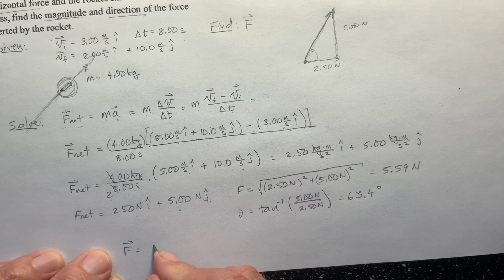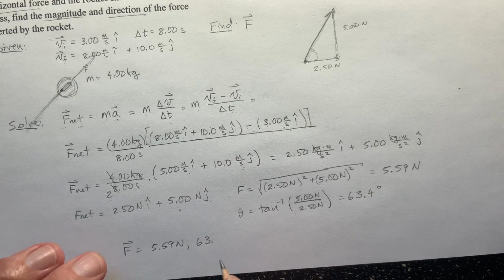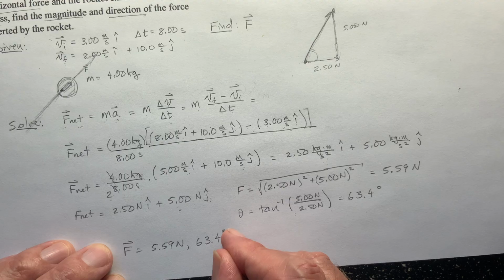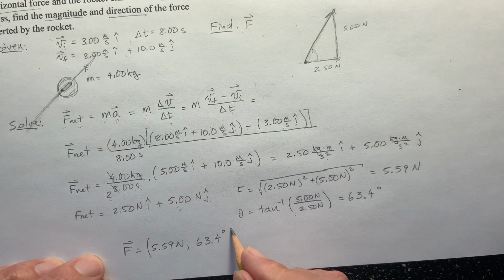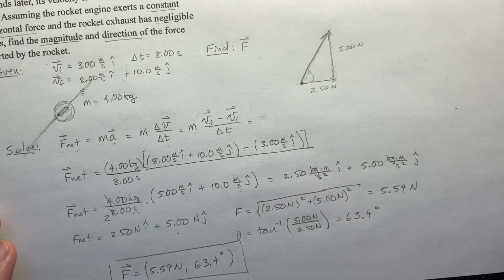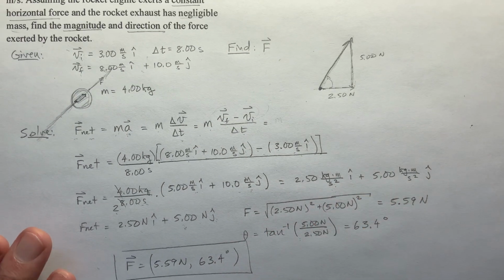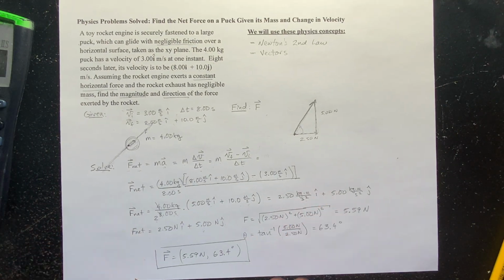Okay, this has a magnitude of 5.59 newtons of force, and that force must be pointed at 63.4 degrees to get the change in velocity that we are given. And there we go, there's our answer. Another physics problem solved.